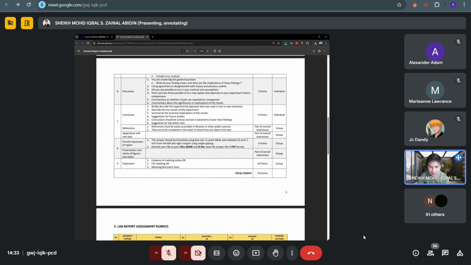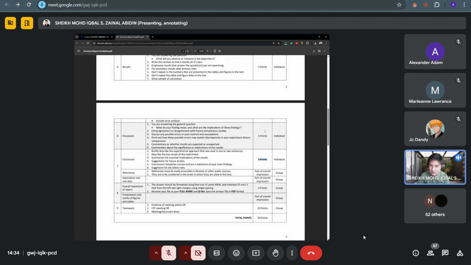They didn't do the last part here, teamwork, evidence of meeting, face-to-face meeting. In the lab report, they only include just one picture of them having a meeting and so on, right? This is a bad decision, because as you can see here, the teamwork section is 10 points. It's greater than the conclusion, greater than the discussion.